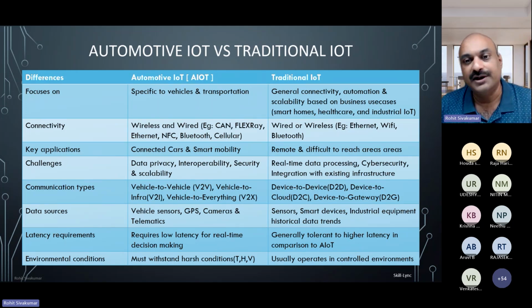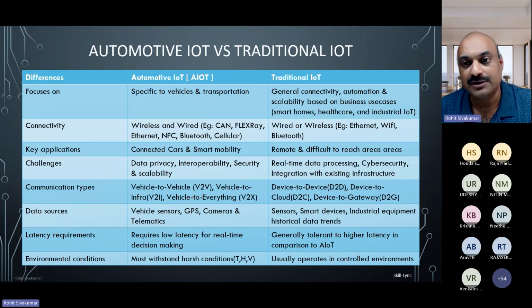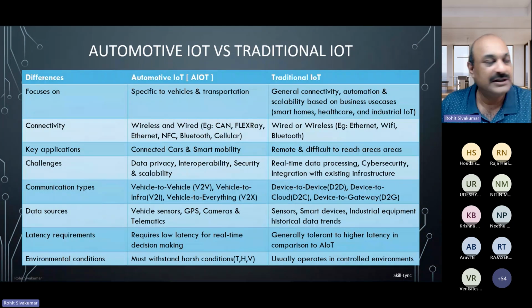Again, for environmental conditions, traditional IoT could be a more controlled environment where the temperatures don't really go to that high an extent. Whereas in the case of automotive, it's going to be really stringent, with harsh temperatures. We're talking of -40, we are talking of +120 degrees C, a huge amount of vibration, a lot of humidity, depending on the locations where these vehicles are going to be used. So those are some of the key things when you compare the two segments.